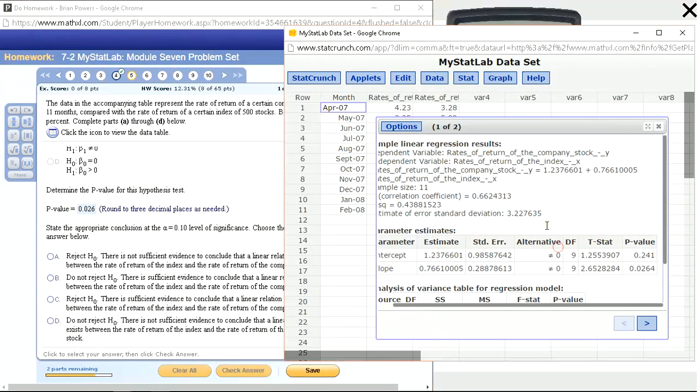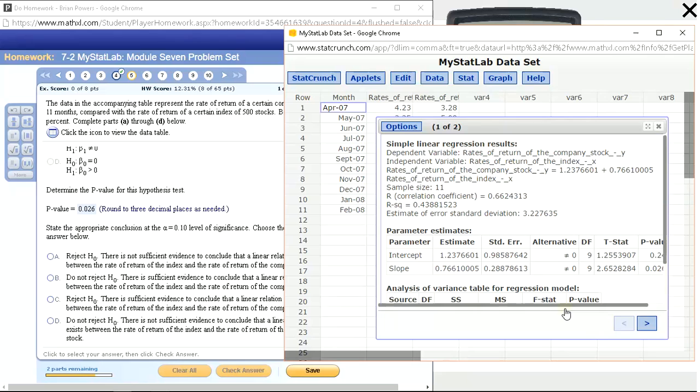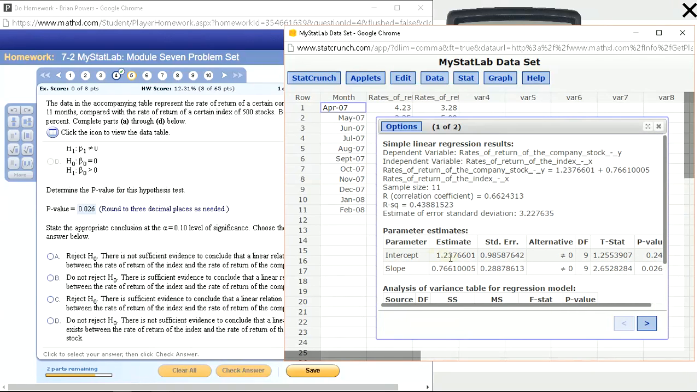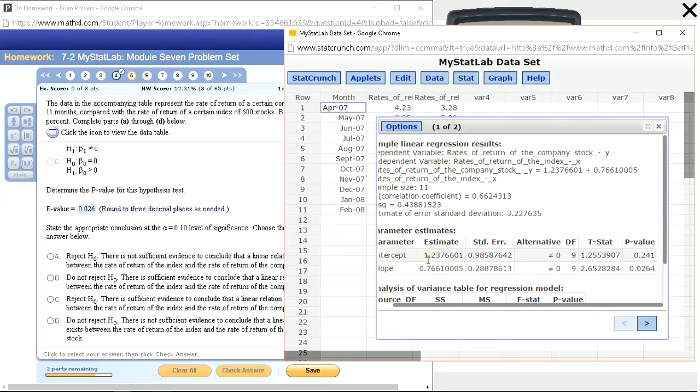Linear regression output performs a similar hypothesis test calculation for the intercept as well. It's usually not such a crucial question, but you can actually see the p-value for the intercept is not that low. So although we estimated 1.23, we wouldn't say that that estimate is statistically significant.